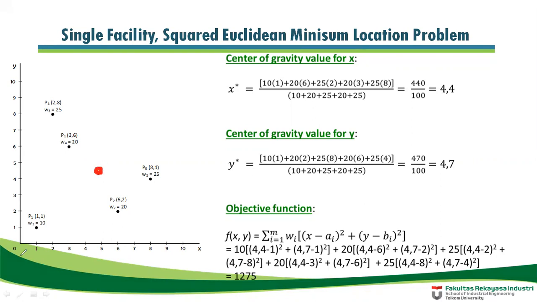So in Euclidean, the distance will be just like a straight line. If you want to reach my new warehouse, it's like traveling along a very straight line.